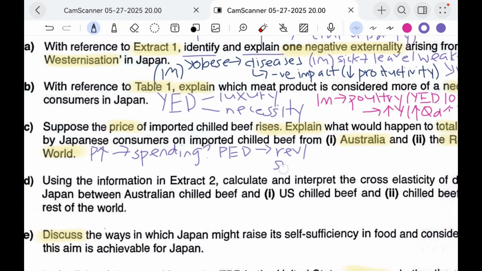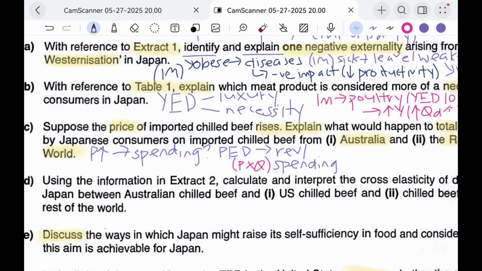Actually, for revenue and spending, they are the same thing. You are just looking at different perspectives because your revenue and spending is given by P times Q. So if the question wants you to look at the consumer perspective, it will be spending because based on the price and the quantity that they buy, the spending is the total. If they want you to look at the supplier's perspective, they will say revenue because revenue is what the suppliers will earn from selling the beef. So it is also P times Q. So it doesn't matter.